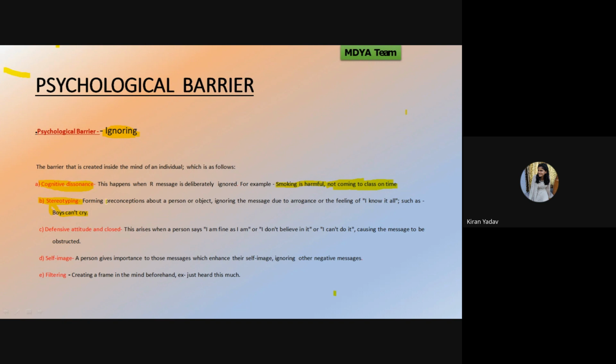You are generalizing all the boys, that all boys don't cry. And if you say that girls only do this thing, they can't do this, then you are generalizing everybody. You are not considering their individuality. If you say that Muslims are like this, Hindus are like this, it doesn't necessarily mean that every Hindu person will be the same.